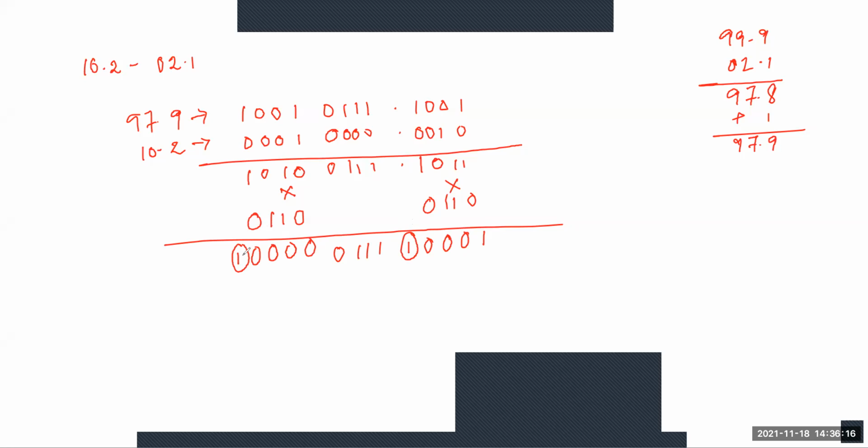Okay, so here you can see this is a carry 1. So this carry is shifted to the next bit, and this is an end around carry. In nines complement BCD subtraction, if there is an end around carry, it is shifted to the first bit, and if there is no end around carry, in that case we consider that the result is negative and is in the form of nines complement.